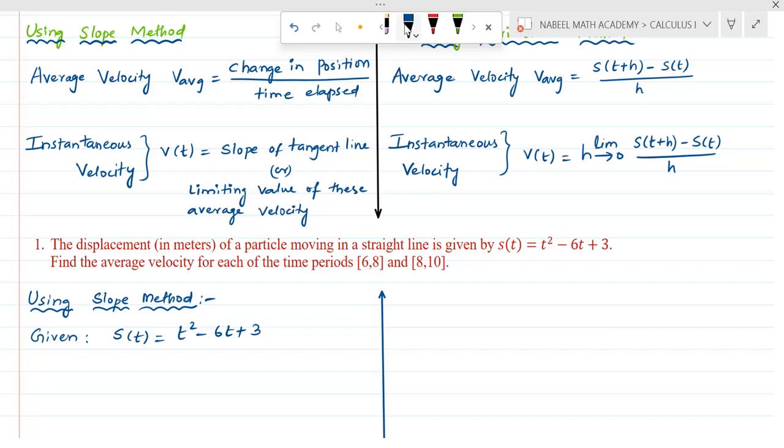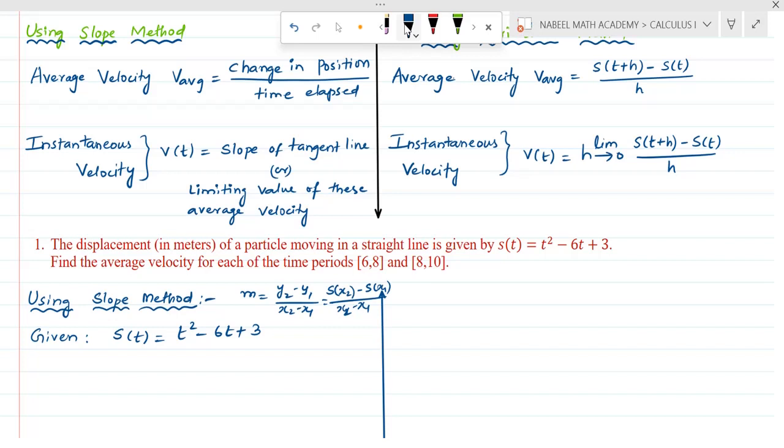As we know, the slope is y2 minus y1 over x2 minus x1. How do we calculate y1 and y2? By using this function. I substitute the x2 value to get y2, and the x1 value to get y1.